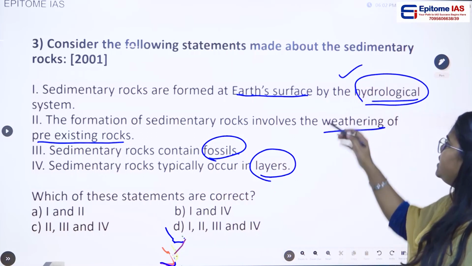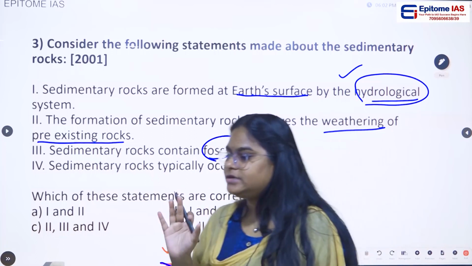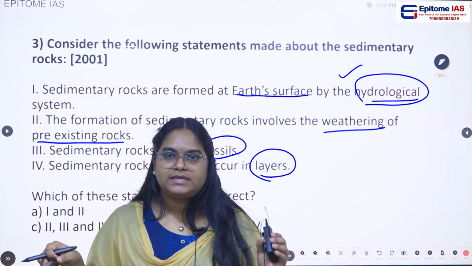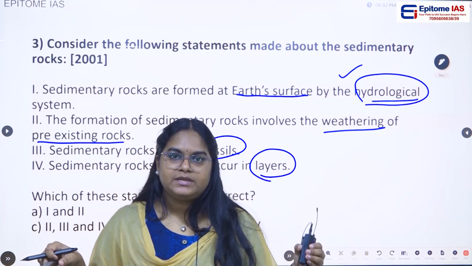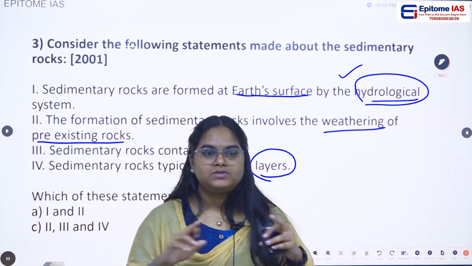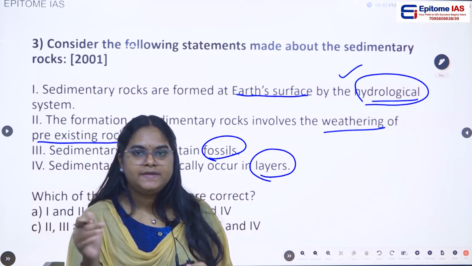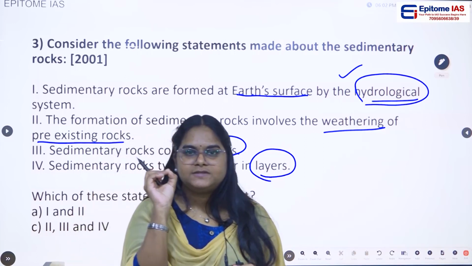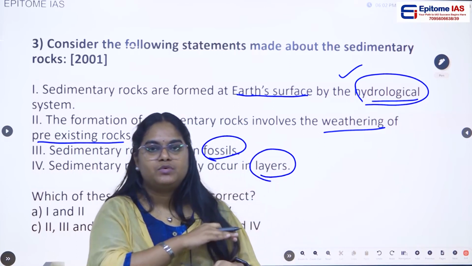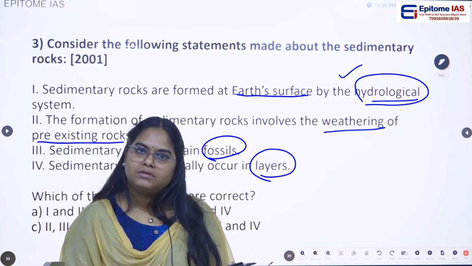Then statement 2: the formation of sedimentary rocks involves the weathering of pre-existing rock. This is one of the important points we read about sedimentary rocks. For forming any sedimentary rock, there is a need for a pre-existing rock. When there is an already existing rock, after weathering it becomes fine particles, small sediments, and these sediments form layers, and then these layers form a sedimentary rock.